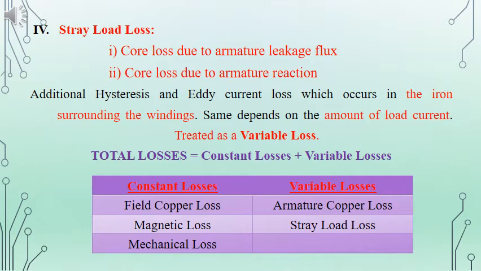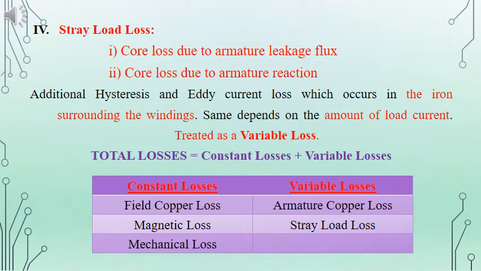So to summarize the losses that occur in a synchronous machine, we have constant losses and variable losses. Under constant loss, we have field copper loss, magnetic loss, and mechanical loss. To consider field copper loss constant, we take the excitation voltage and power factor to be constant.